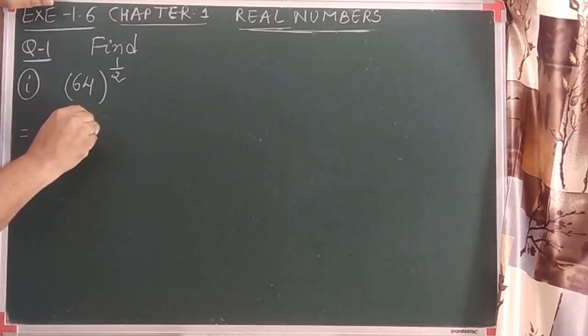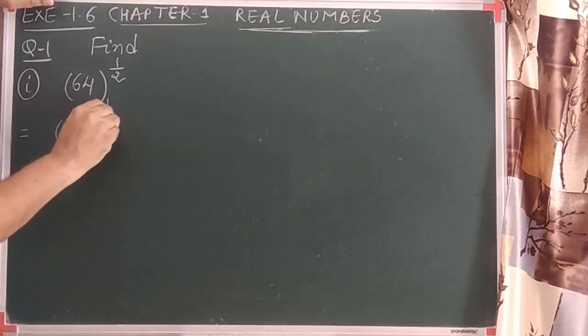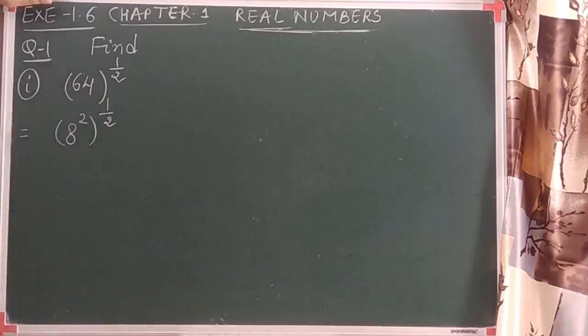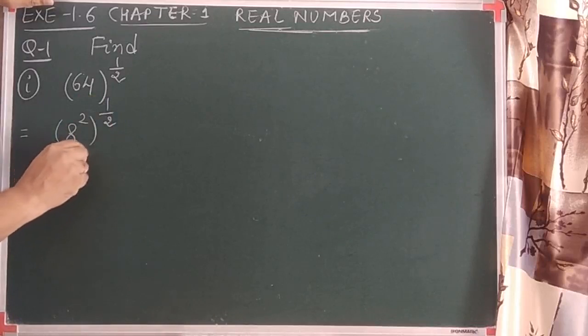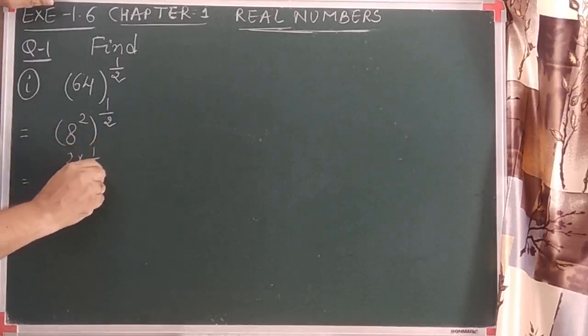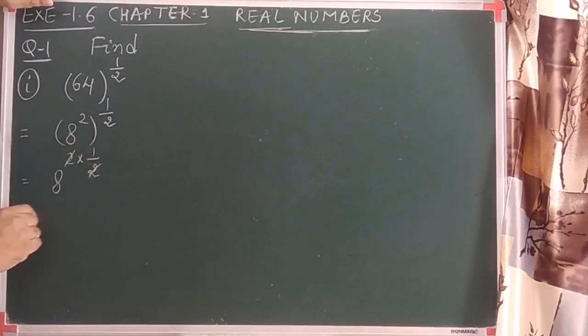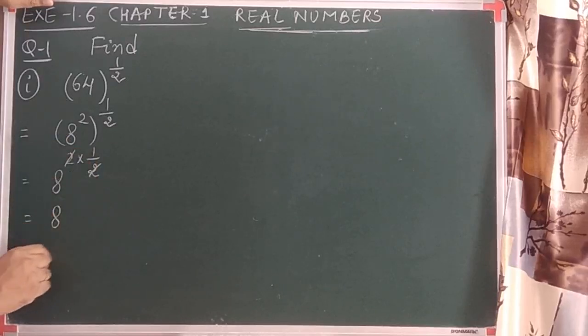So 8 squared, raised to 1 by 2. Why have I done this? Because now it is power to the power, so we multiply the powers. So both the 2s will be cancelled. So the answer is 8. This 8 can also be written as 2 raised to 3.